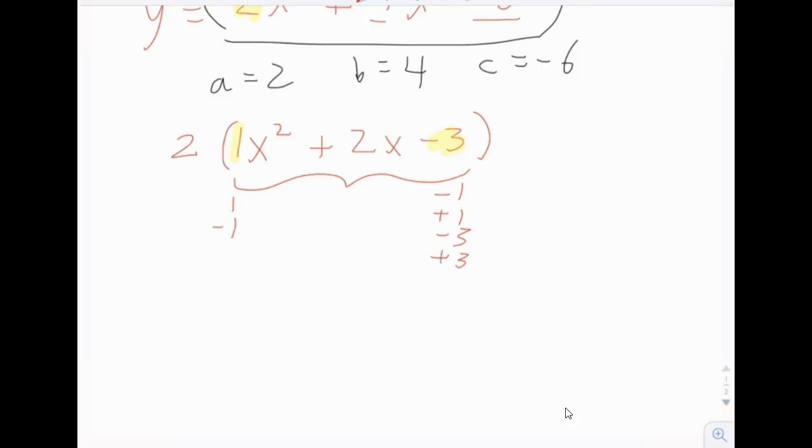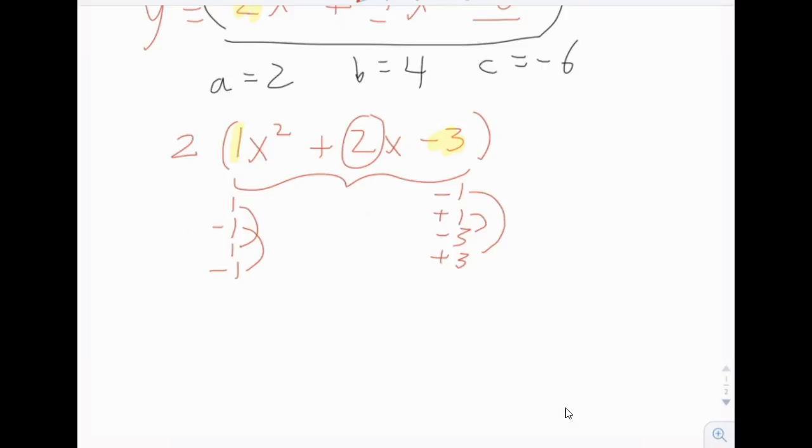And then you try to find a combination of pairs. Let's see, that's a pair that both multiply and get negative 3. 1 is a pair just with 1, and negative 1 is a pair with negative 1 to get 1. And you try to find a pair which, when multiplied together, will give you this number 2.